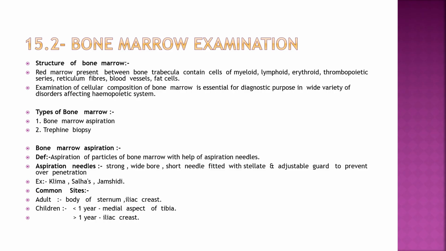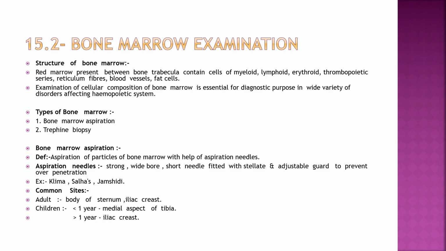Bone marrow aspiration is aspiration of particles of bone marrow with the help of aspiration needles. The needles should be strong, wide bore, and should have a guard to prevent over penetration. Examples of bone marrow aspiration needles are Klima, Salah, Jamshidi. The sites of bone marrow aspiration collection in adults are the body of the sternum or iliac crest.